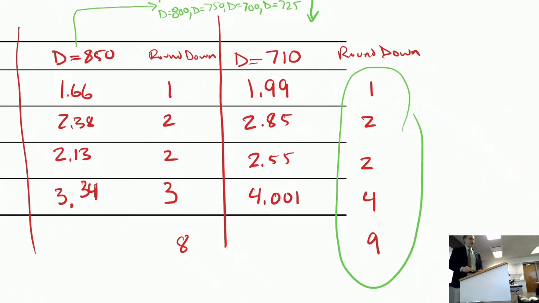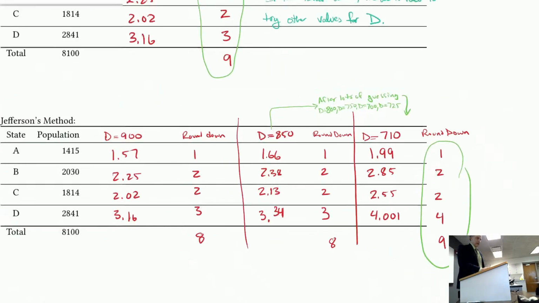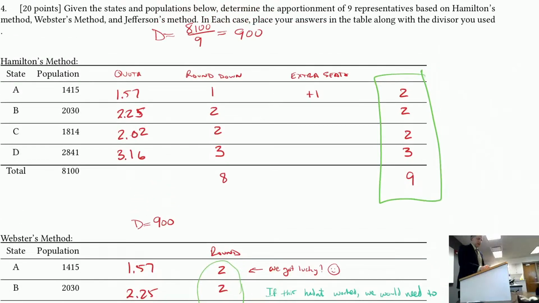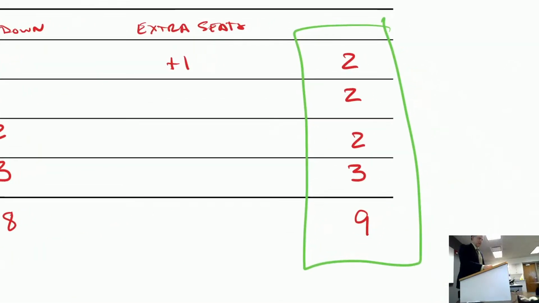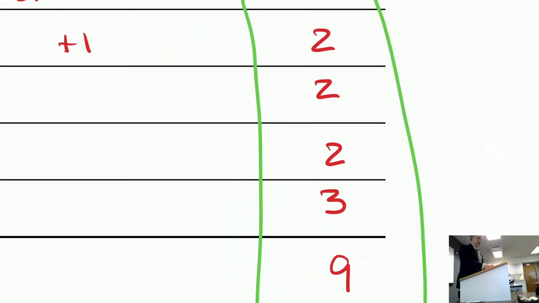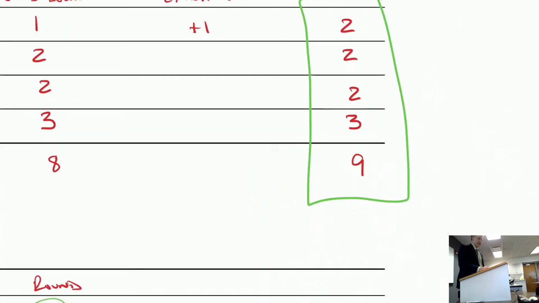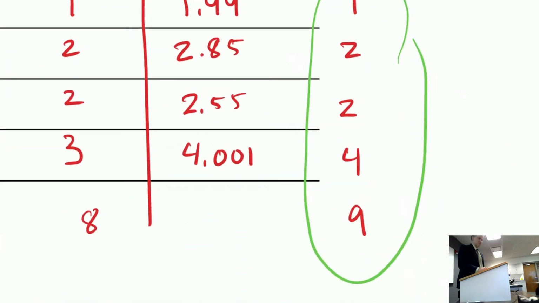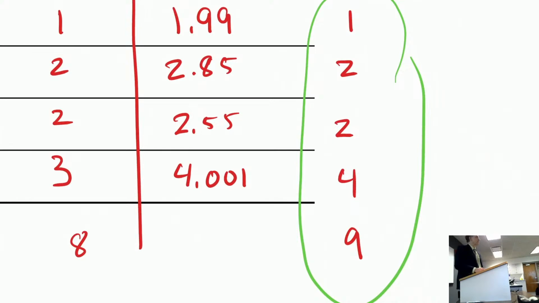It's pretty rare for Hamilton's method and Jefferson's method to give the same answer. In this case, they aren't. You'll notice that in Hamilton's method, if you haven't done it yet, you could write it down if you want, but I encourage you to try it yourself. I got 2223 as my final answer, and for Jefferson's method, I got 1224. So different apportionments for different methods.